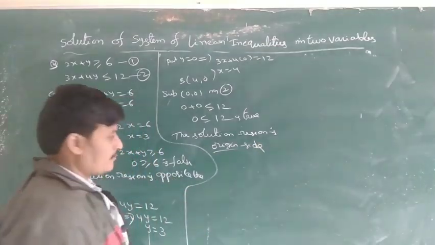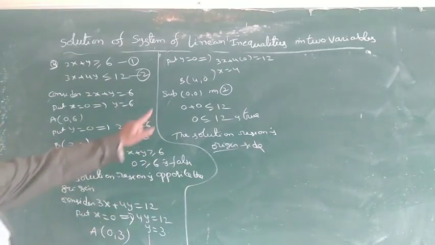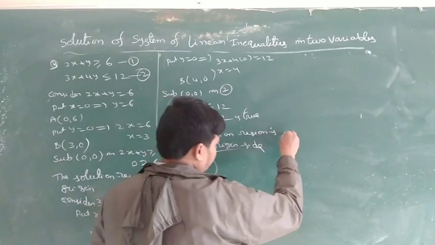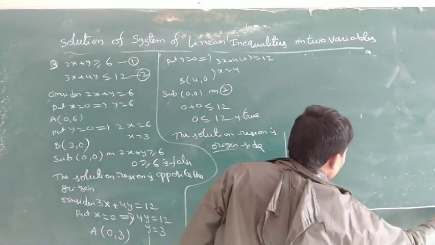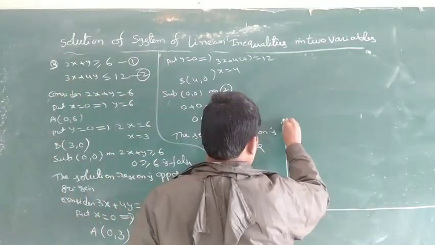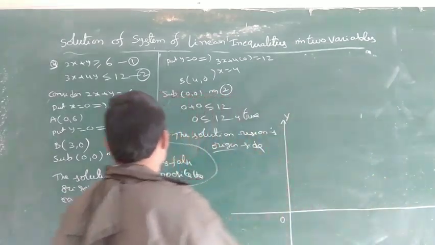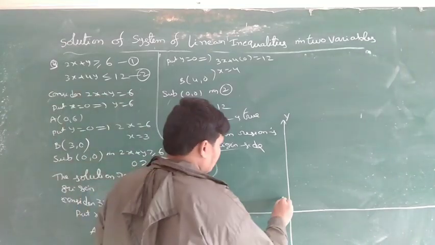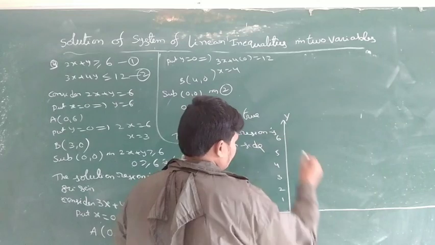So, draw the graph. First, take 6 as the highest value. X axis, y axis. The point A is 0 comma 6, so count 1, 2, 3, 4, 5, 6.